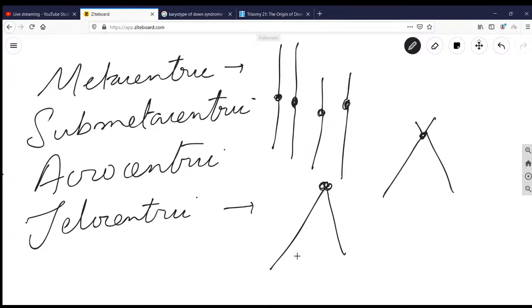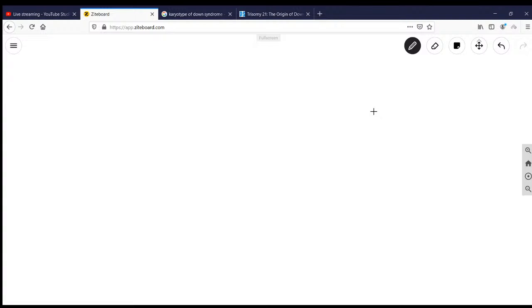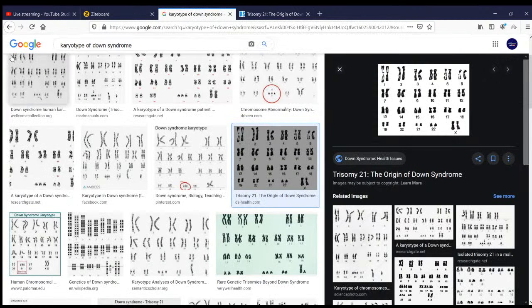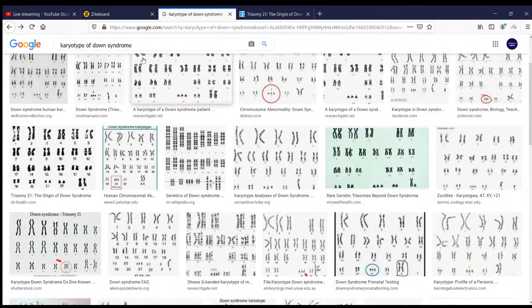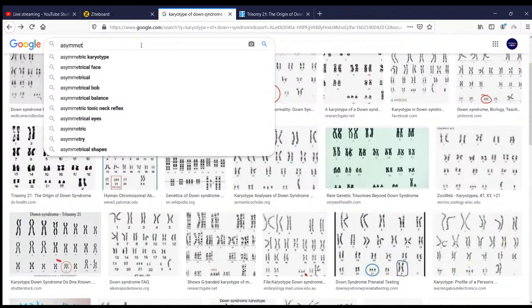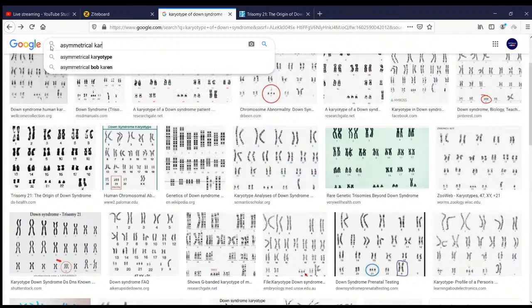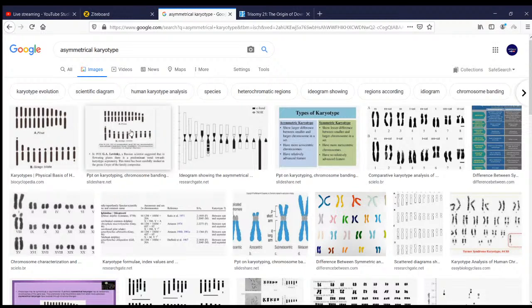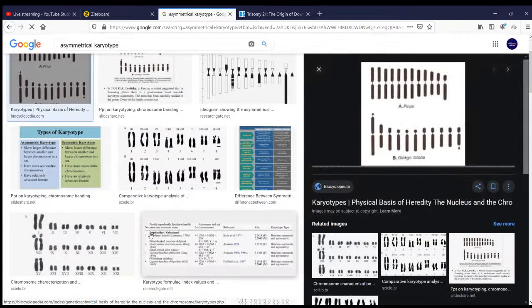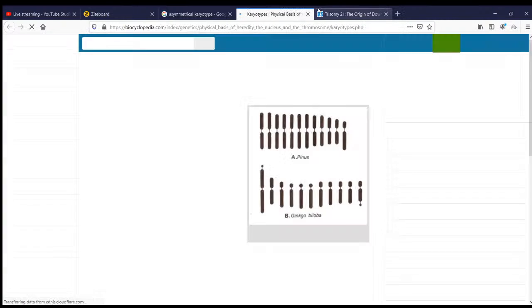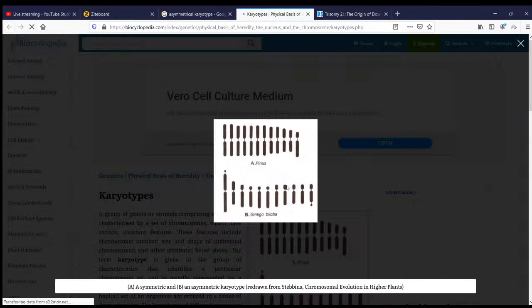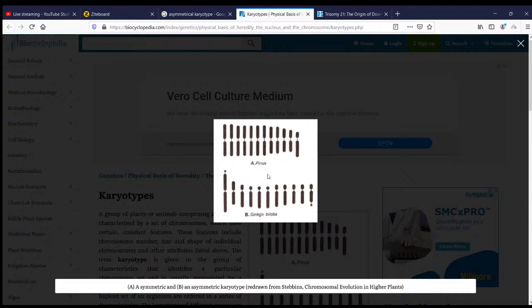Now one thing I'll show you. If I type here symmetry of karyotype, asymmetrical karyotype.